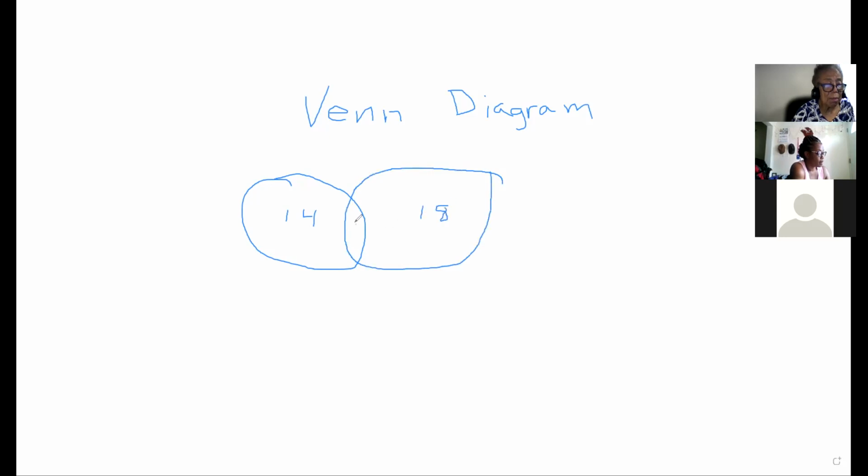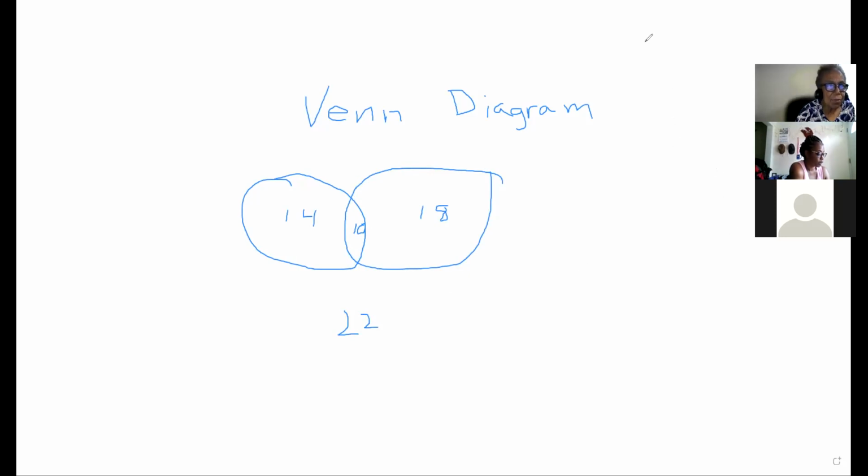And the one in the middle here was the 10 that had both. So we had a total of 22. So 22 was the total. And 18 and 14 is 32. And the ones in the overlap had both a sibling and a pet. We call that a Venn diagram.